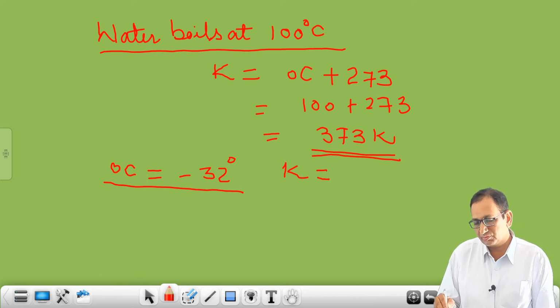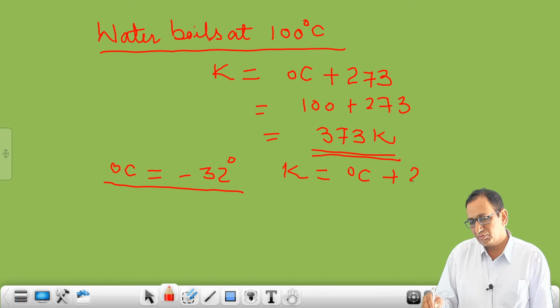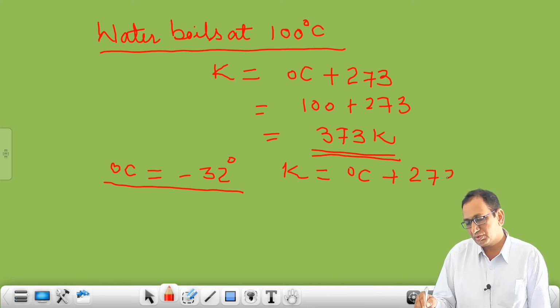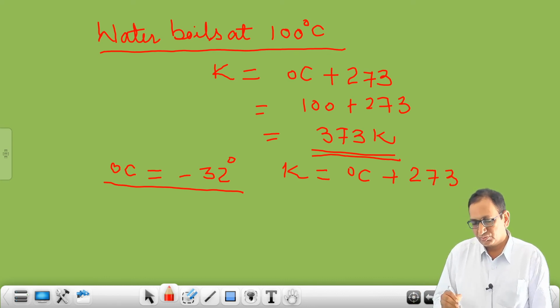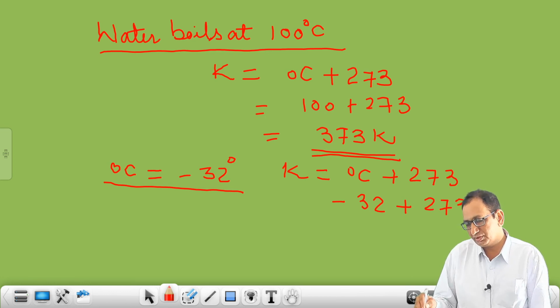So K is equal to whatever the degree Celsius is, plus 273. So in place of degree Celsius, simply write minus 32 degrees and then add 273.